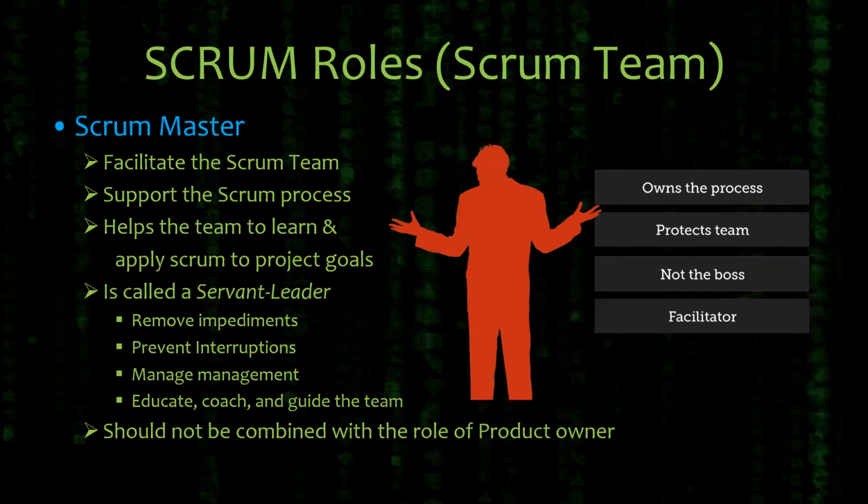And then you have the Scrum Master. Now the Scrum Master is called a servant leader. So basically the idea is the Scrum Master is not a leader, or a boss, basically. The whole purpose of a Scrum Master is to help the entire process, right?